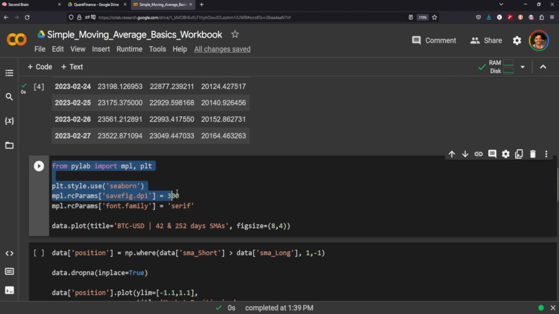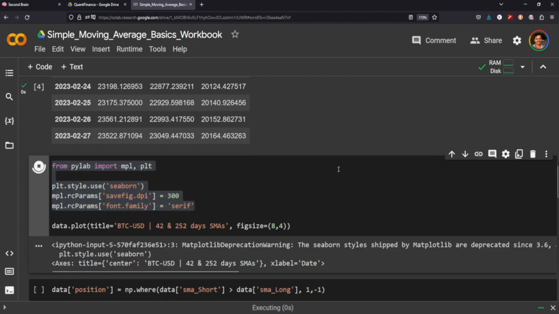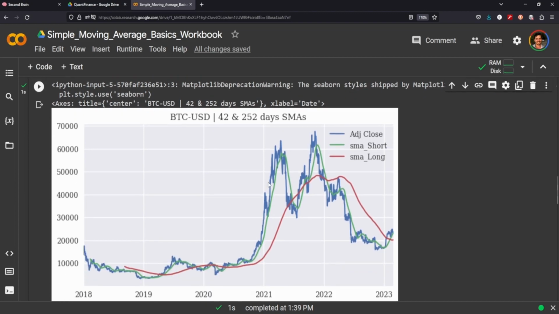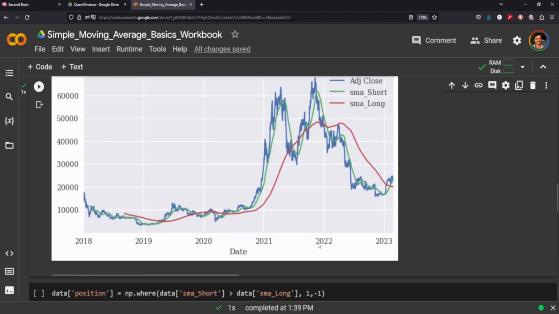All of this in the next cell is just setting visualization standards for our plot. We're going to plot the adjusted price in blue. This is the Bitcoin to US dollar. And then we have the simple moving averages. Short is the green line, long is the red line.